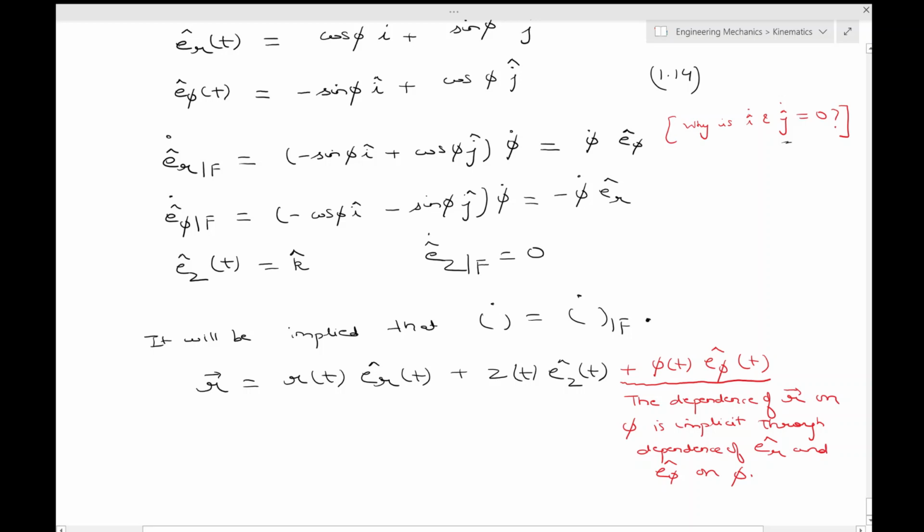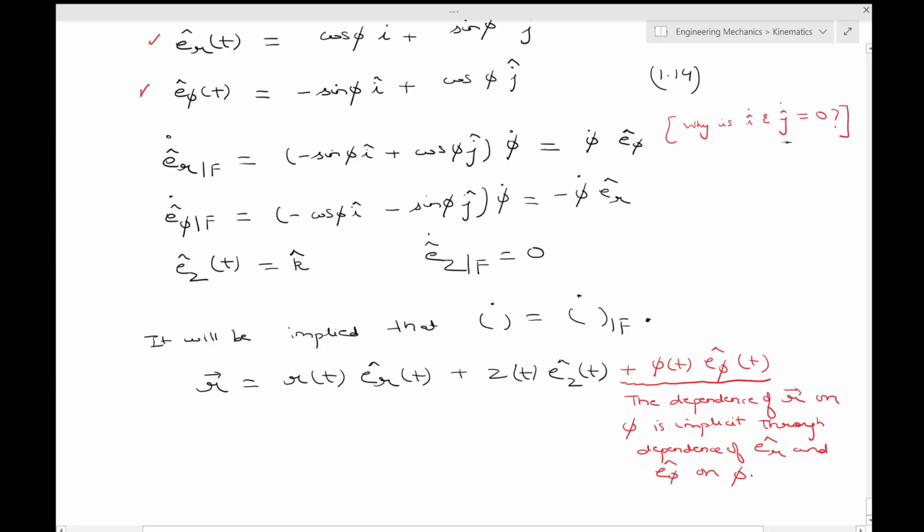That's why we don't separately write it. You can check the expressions of er and e phi. So er and e phi are both dependent, so we just write the black part over here.